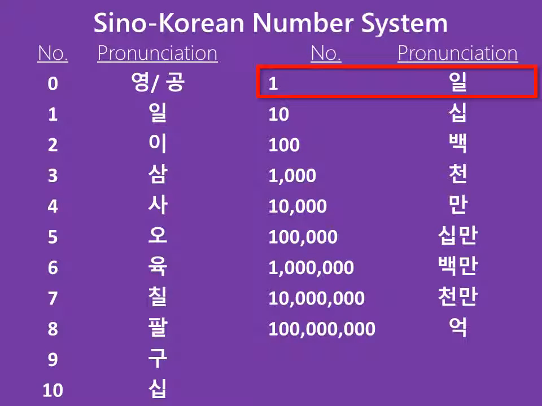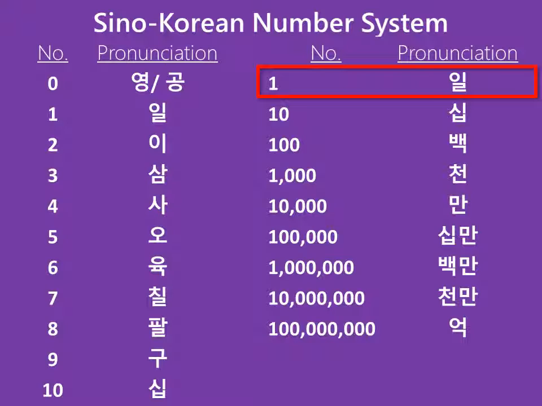So starting off with 1, 10, 100, okay? 1, 10, 100. Then 1000, then 만. 1, 10, 100, 1000, 만.